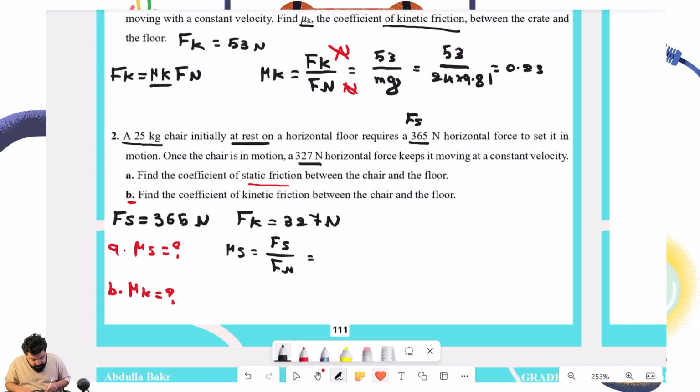I have Fs, which is equal to 365, divided by Fn. Fn is equal to mass times gravity, so 25 times 9.81. You're going to get 1.48. Okay. I have written the answers so I don't waste time calculating.